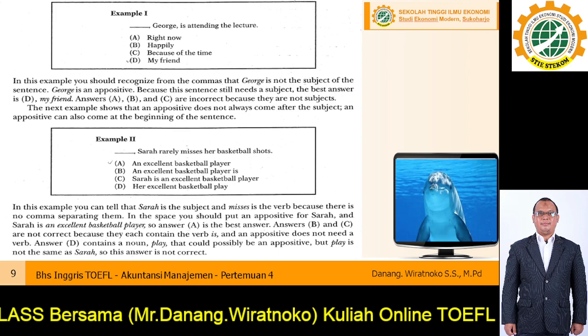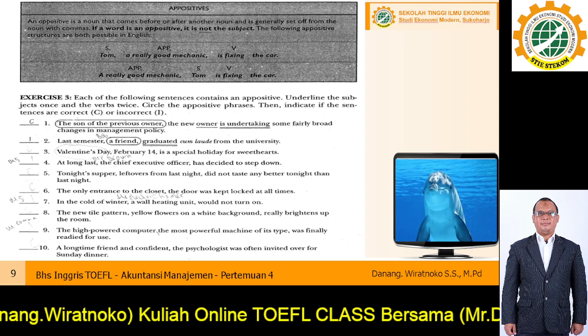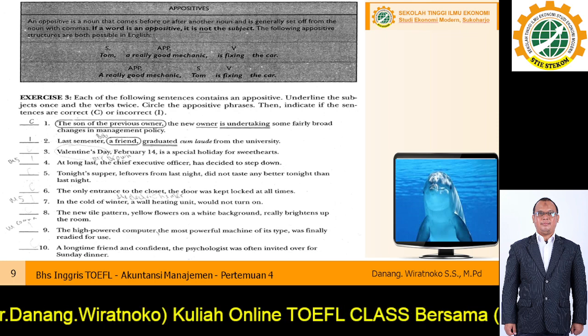Oke, perhatikan di sini ya. Bagaimana kita mengetahui apakah itu appositive? So, an appositive is a noun that comes before or after another noun. Therefore, it is generally set off from the noun with commas. Ya, jadi dia membedakannya itu hanya dengan koma. If a word is an appositive, it is not the subject.